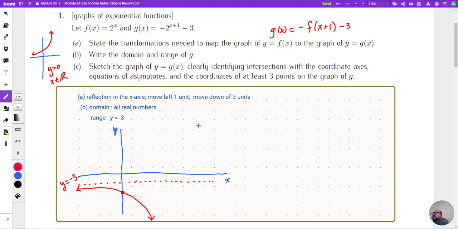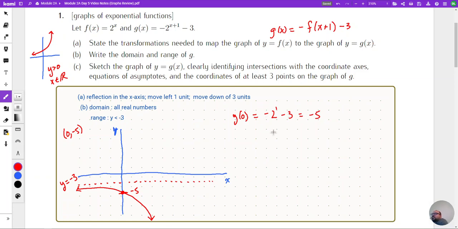Okay, well, to find that y-intercept, I could say g of 0, right? And g of 0 is going to be negative 2 to the first power minus 3, which is going to be negative 5. So I know this y-coordinate, negative 5, and I know I have the point 0, negative 5 on my graph. Okay.